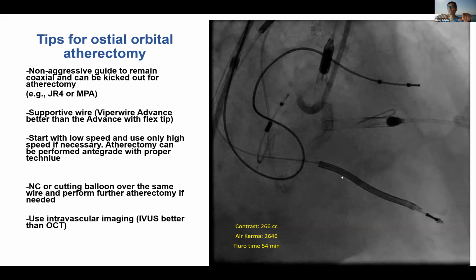So what we've done a few times is preload the crown or the burr within the guide extension outside the body, then insert it as a set, as a group, and advance them together until they come out. Of course, that assumes you can deliver the guide extension to where you want it to go. But if these lesions are proximal, which usually they are, then that's often not a big problem.